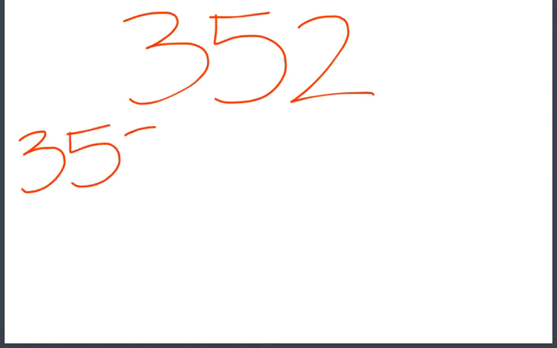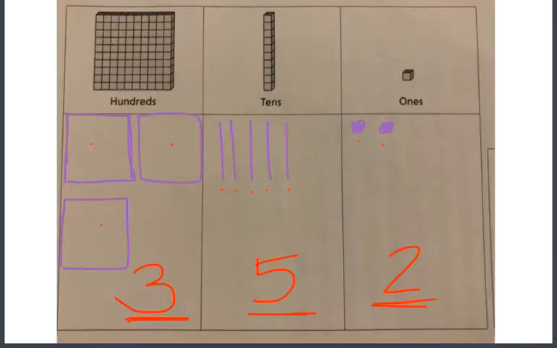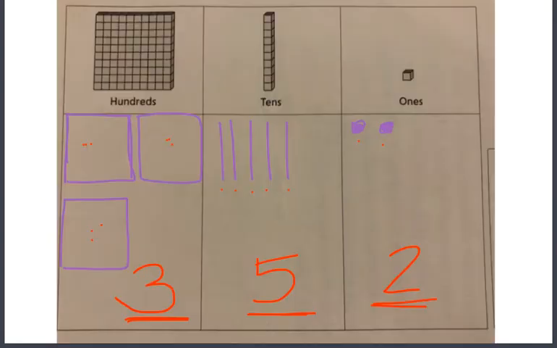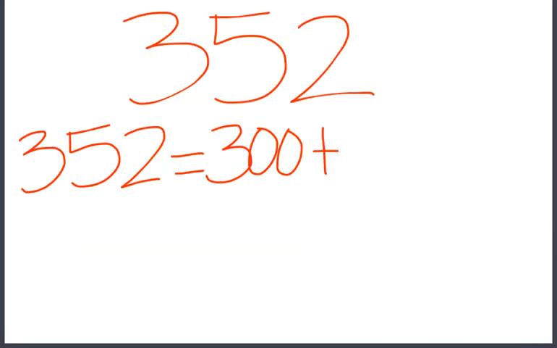352 equals, let's look, 3 in the hundreds place. The 3 equals 300 plus 5 in the tens place. What does that mean?